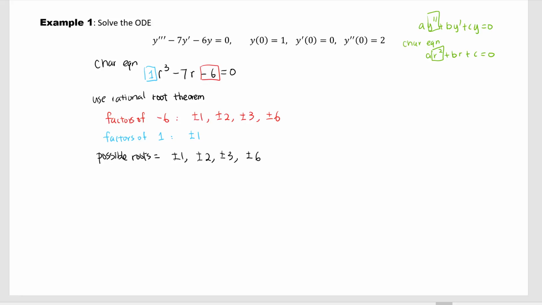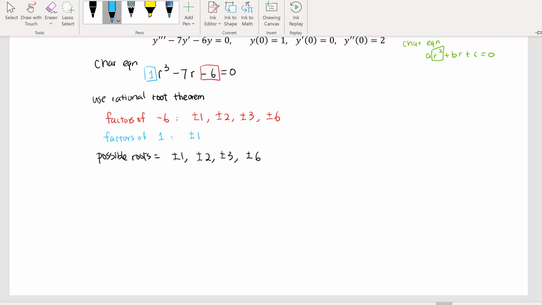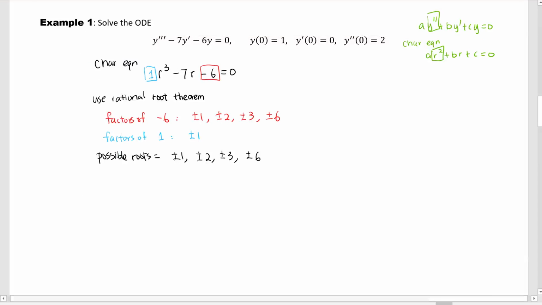So how many possibilities do we have here? We have 8 possible roots. Let's look at this polynomial. How many roots does it have? This polynomial equation has 3 roots, and here we have 8 possibilities.